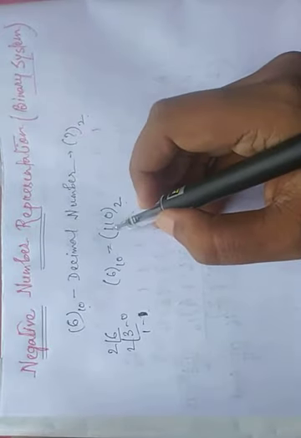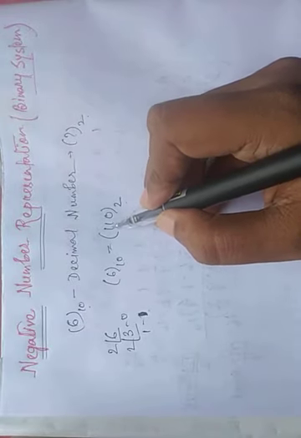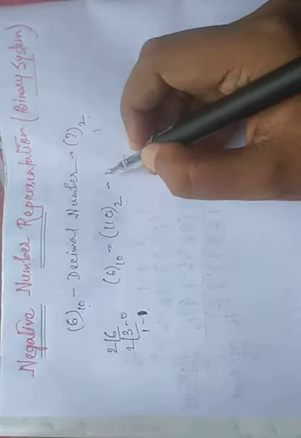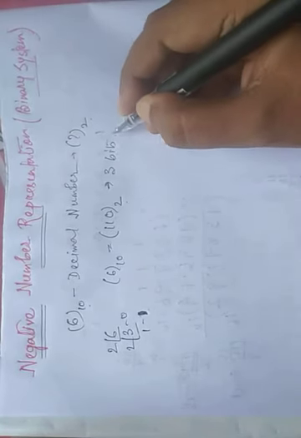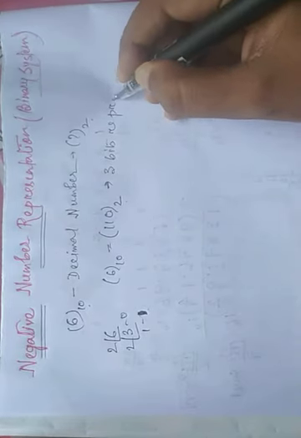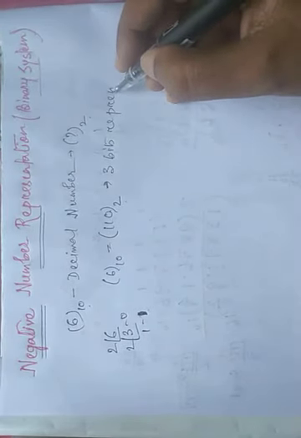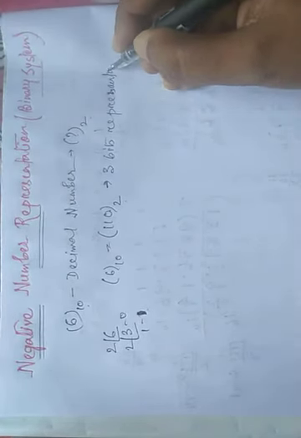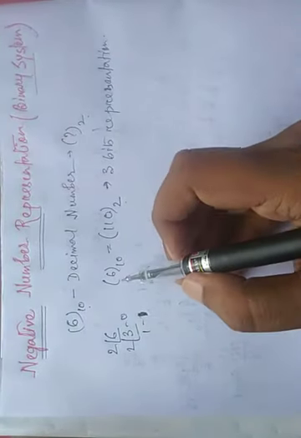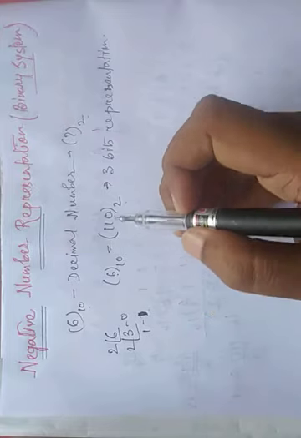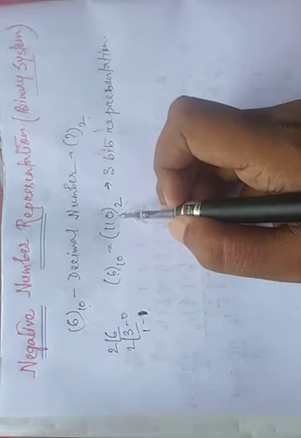Here you can see a 3-bit number. So it is a 3-bit representation, mind it. Why 3-bit representation? Because by default, whenever we convert 6 into binary digits, we get 3 bits.